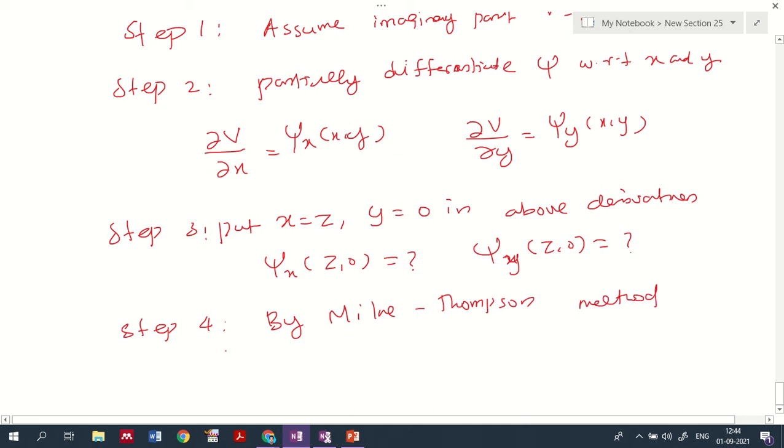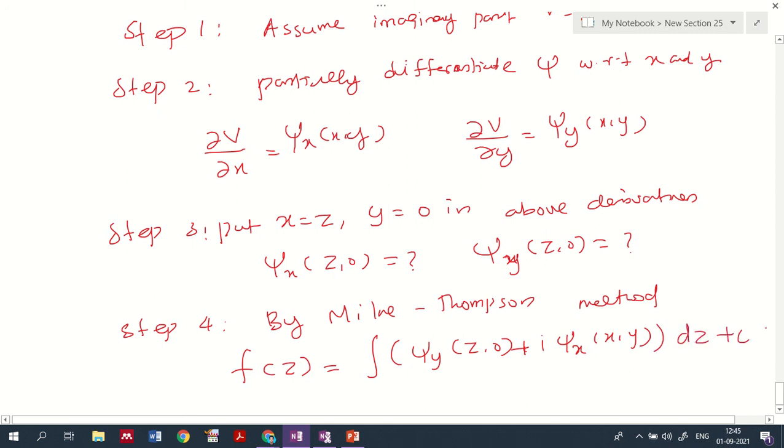By Milne-Thomson method, you have to find out f of z is equal to integral of psi y of z, 0 plus i psi x of z, 0 dz plus c.